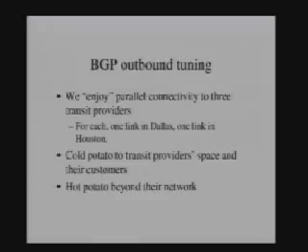So using those MEDs for geo-routing, we quote-unquote enjoy parallel connectivity to 3 different transit providers. For each of those providers, we have a link to that network in Dallas and a second link to that network in Houston. So for outbound routing, we receive those providers' routes and their customers' routes and rely on the MEDs learned from them.